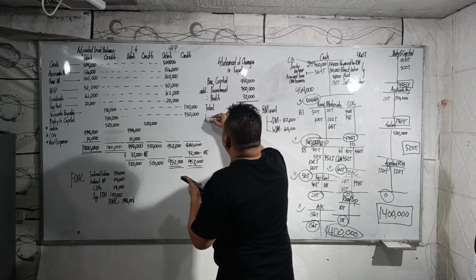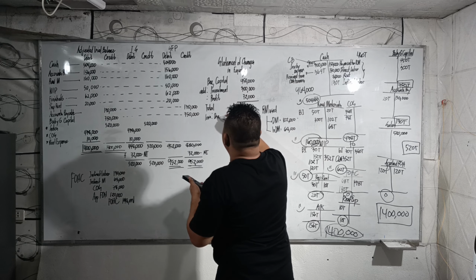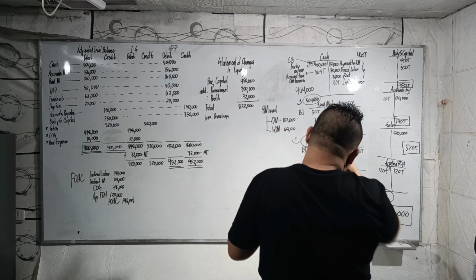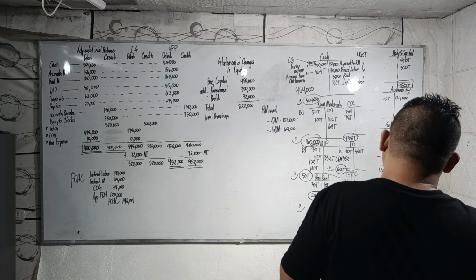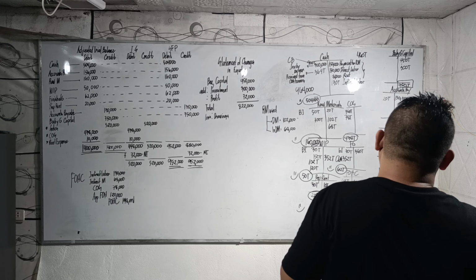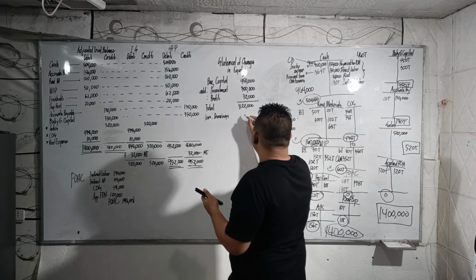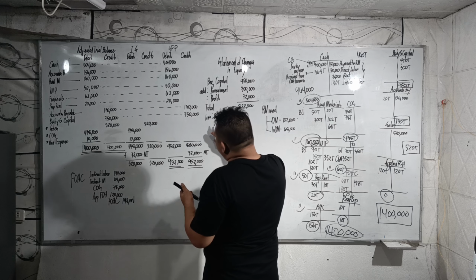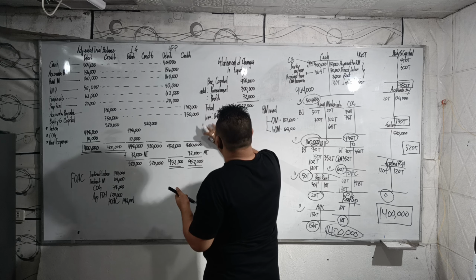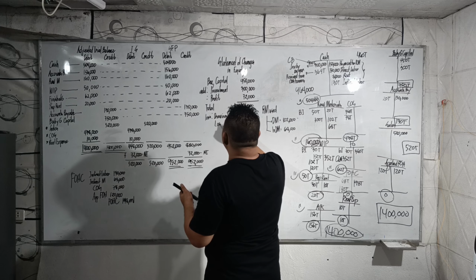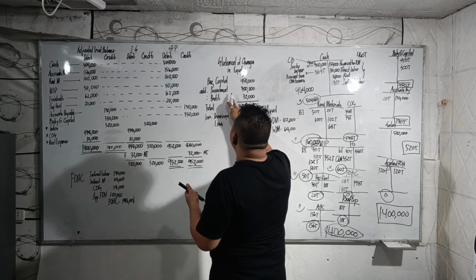And then we have to list the withdrawal or drawings if there are any. Do we have drawings? I don't think so. I haven't remembered having drawings in this problem. So there's none. And then we have the loss, if there is a loss. In this case, there is no loss, because it resulted in a profit.